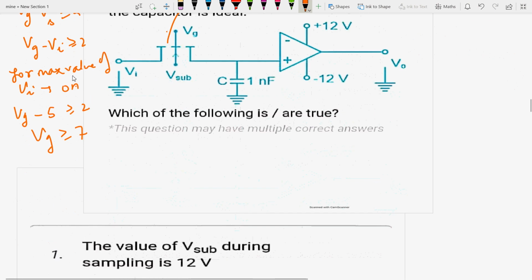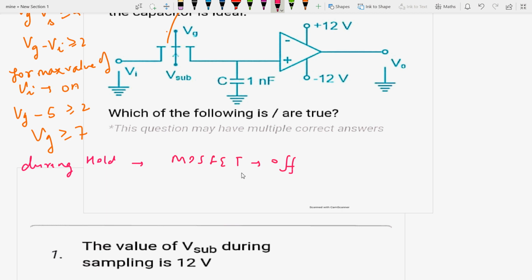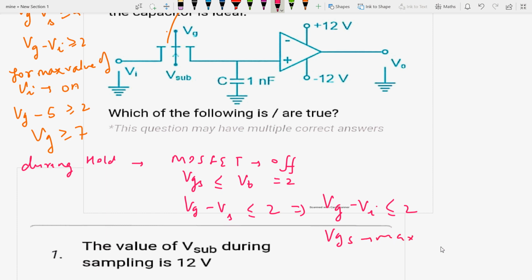Now during the hold process, what is going to happen? During hold process, MOSFET must be turned off, and for this VGS must be less than or equal to VT, that means 2 volt. So that means VG minus VS less than or equal to 2, which implies VG minus VI less than or equal to 2, which implies VGS is maximum for the minimum value of Vi.